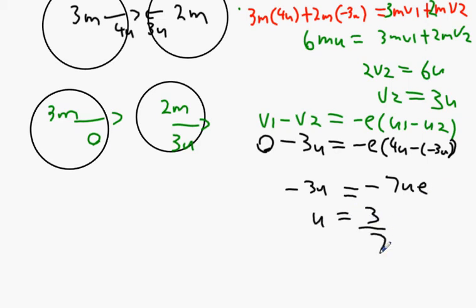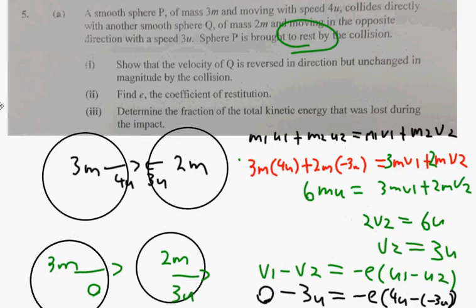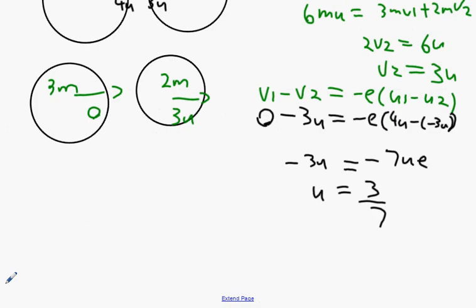That will get you 15 out of 25 marks just for that. Next thing after that is it wants me to determine the fraction of total kinetic energy that was lost during impact. Fraction lost.